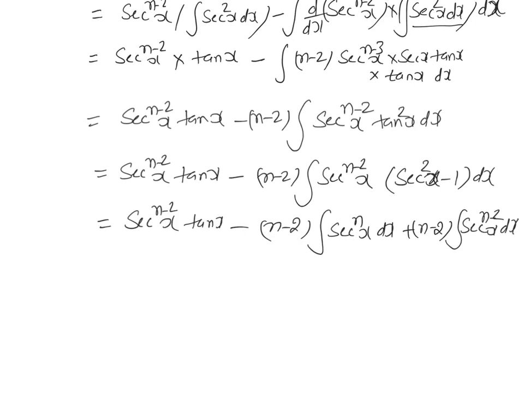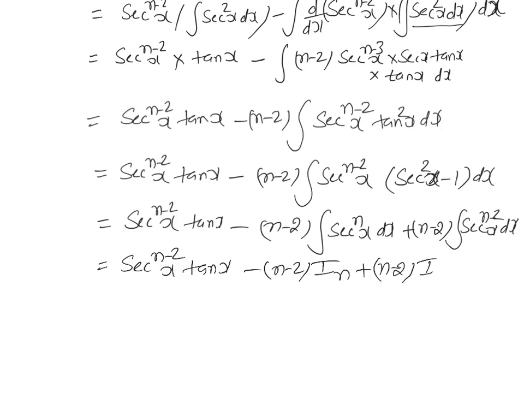Now we are going to use the subscript notation. In subscript notation, this is equal to minus (n-2) I_n, this is plus (n-2) I_(n-2). So this is also equal to I_n. Now see, here is I_n, and here is also I_n. So we collect these two on the left hand side.